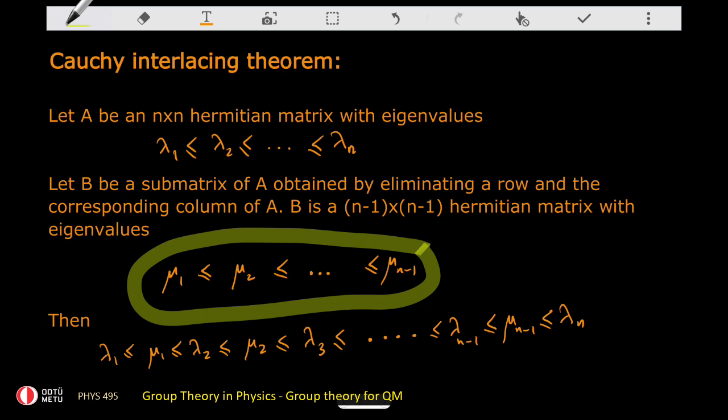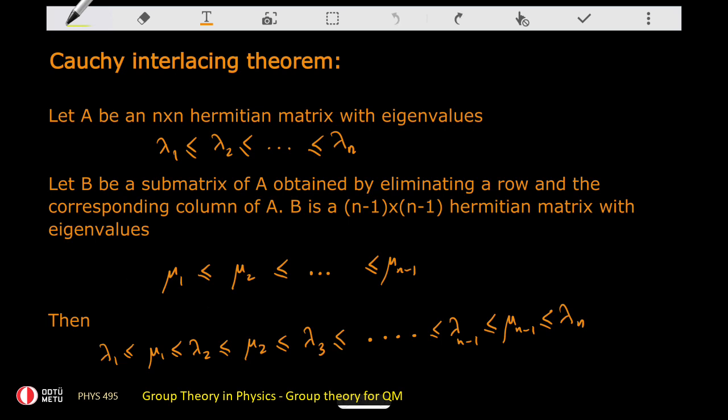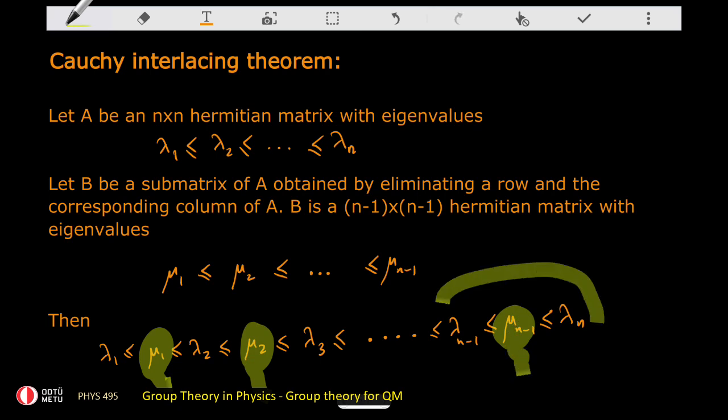All right. So let's just call the eigenvalues mu 1 to mu n-1. In that case, it says that all of these eigenvalues of the submatrix actually lie between 2 succeeding eigenvalues of A. So mu 1 lies between lambda 1 and lambda 2, and mu 2 lies between lambda 2 and lambda 3, and so on. So the last eigenvalue of the submatrix lies between the largest 2 eigenvalues of A. So there's a very nice interlacing structure, and that's why we call this the interlacing theorem.